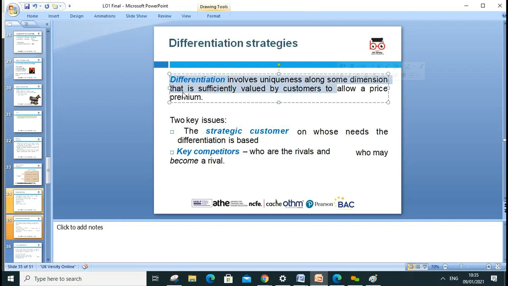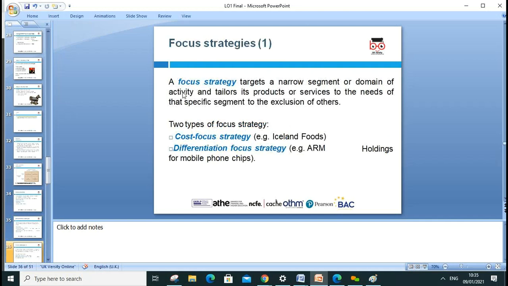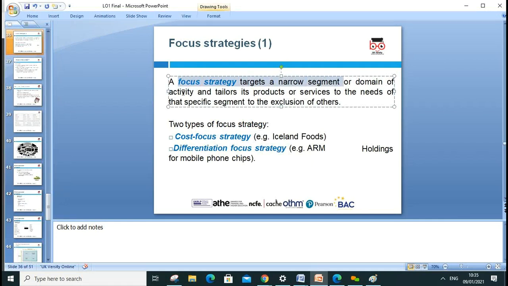Differentiation, if you want uniqueness. Strategic customers whose needs are different based on the key competitors. Your rivals always focus on it. Okay, focus strategy is targeting a narrow segment. Like we have a company called Iceland Foods. They are the cost focus.